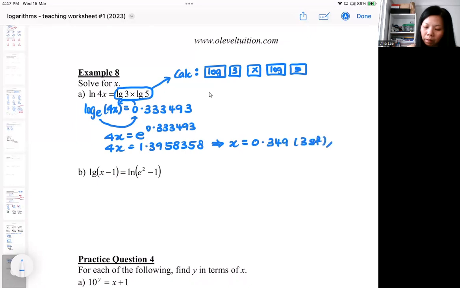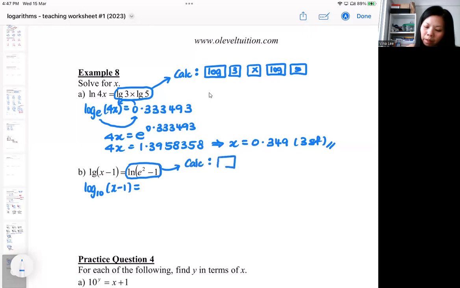So in this topic, you cannot expect a nice answer. All the LG, LN are all not nice. Similarly for the next one, the x is hidden in a base 10. And in fact, this is pressable. So you can input this in your calculator.